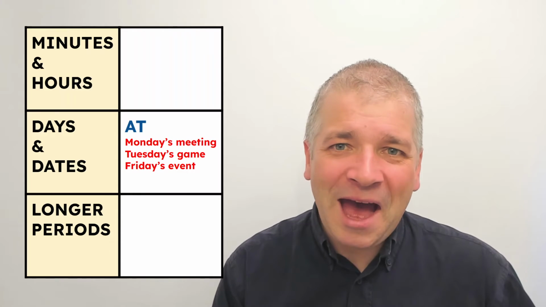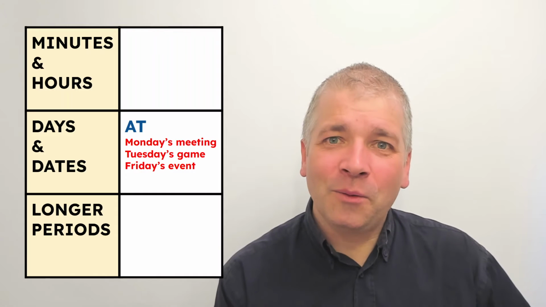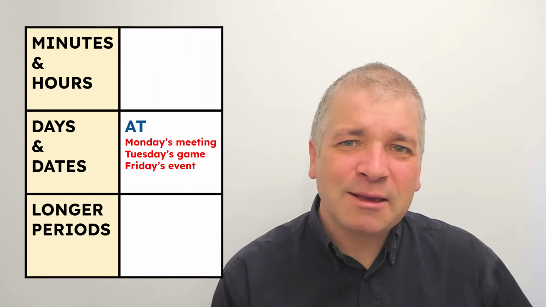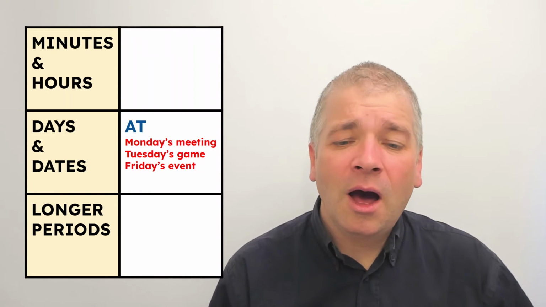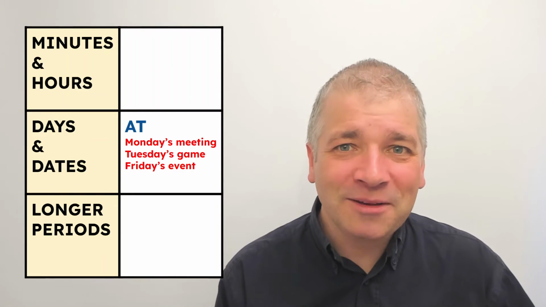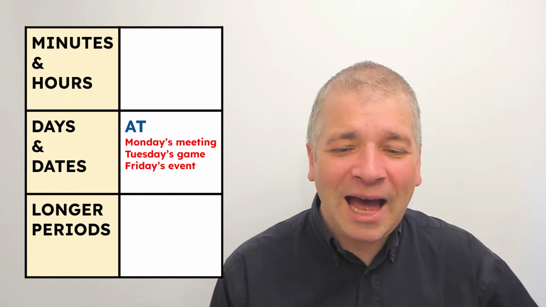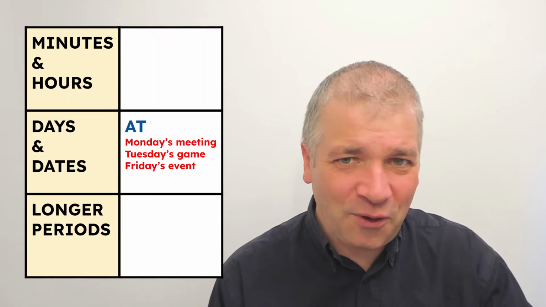And finally, with at, we can also use at with days. But in these cases, it's when we are looking at a specific event happening on a day. So, for example, I'll meet you at Monday's meeting. I'll see you at Tuesday's game. Will you be at Friday's event?